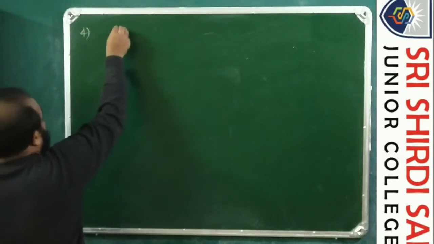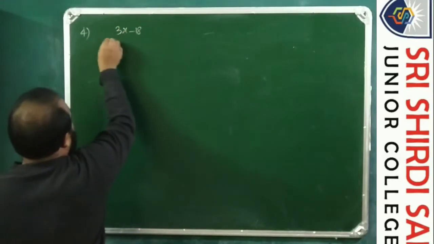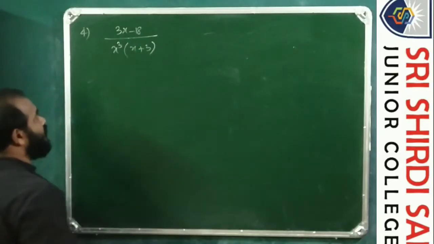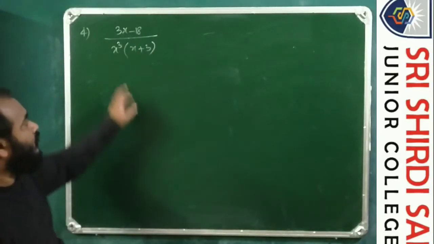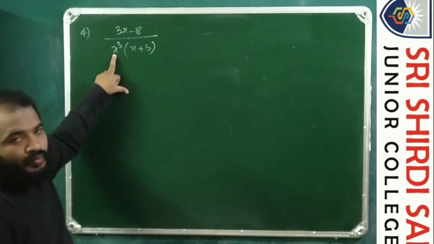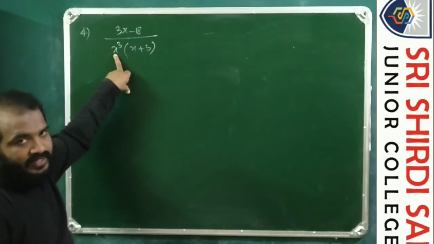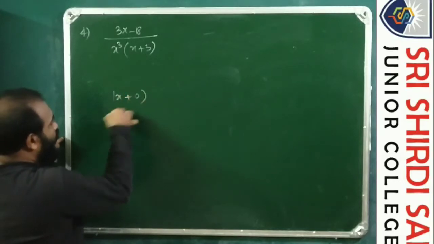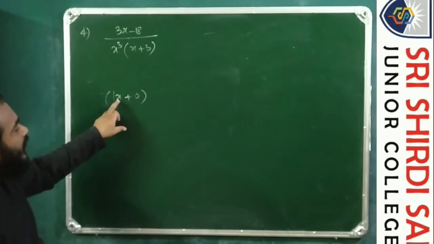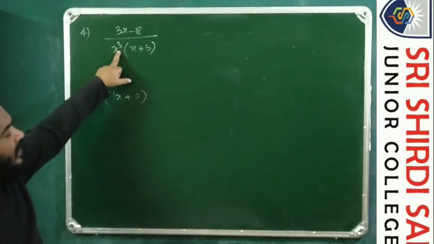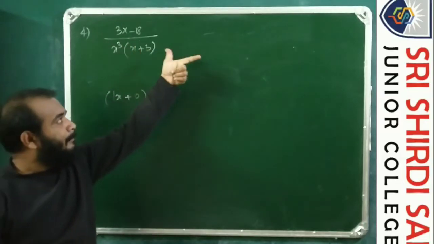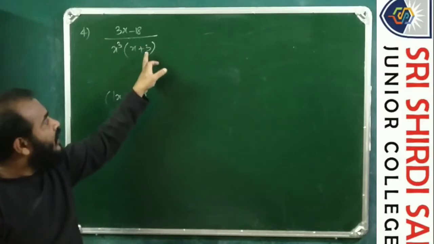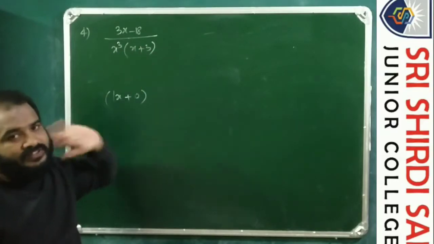The next one is 3x minus 18 by x cube into x plus 3. So the denominator contains x cube, a repeated linear factor, because x cube can be written as 1x plus 0. So this is of the form ax plus b, repeated thrice. So a by x, b by x square, c by x cube, and here d by x plus 3.